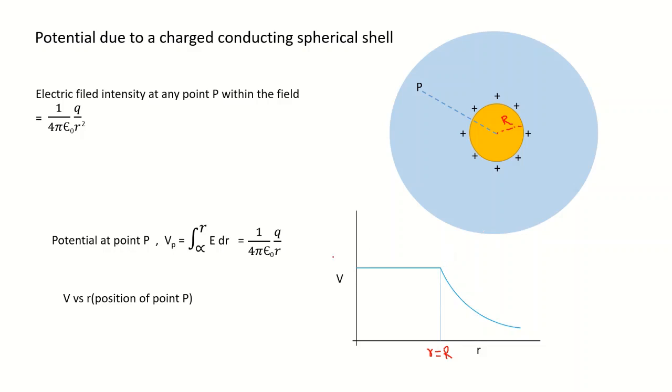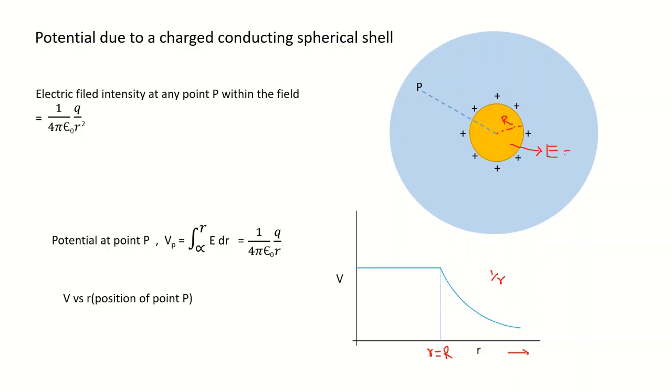Now, if we further proceed and move away from the charged conductor, we will see that with the variation of 1 by r, the potential decreases. Hence in the graph also the variation has been shown that with the 1 by r function, the potential decreases as r increases. But we know that the electric field inside the charged conducting sphere will be 0.